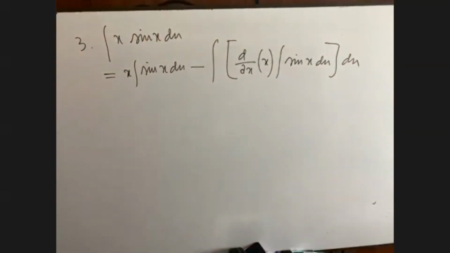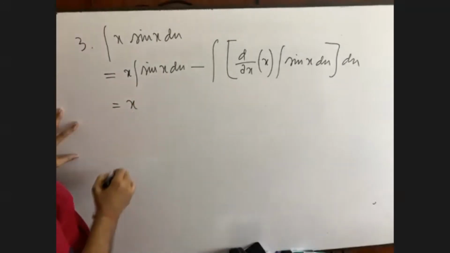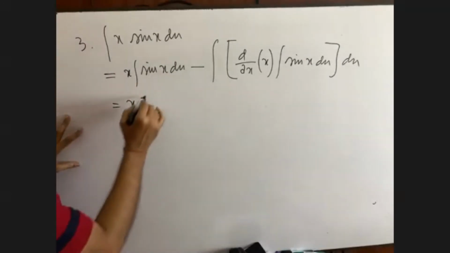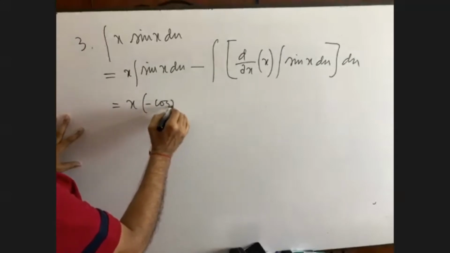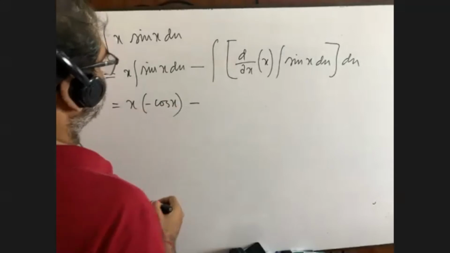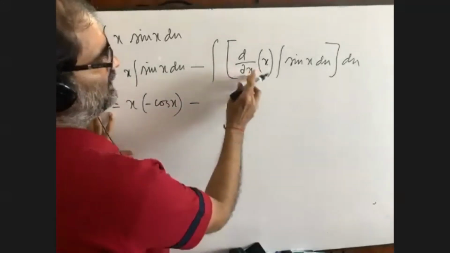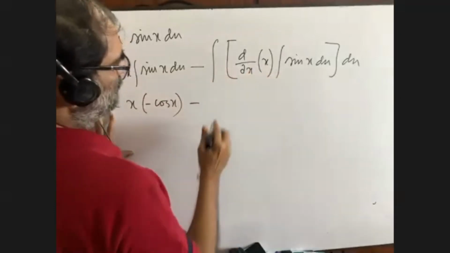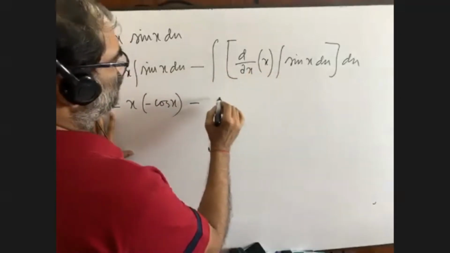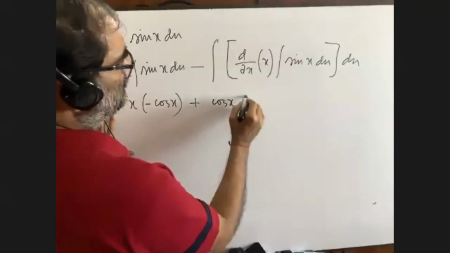Okay. So we are getting sine x. What is the integration of sine x? Minus cosine x, right? This is x. x is 1, so I'm not going to write that one. Sine x is what? Minus cosine x. So plus cosine x dx.